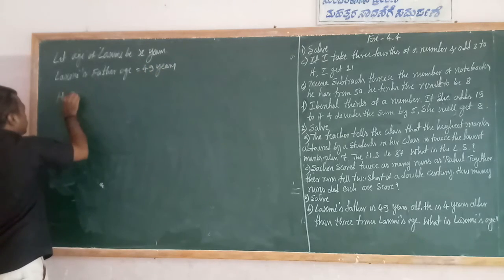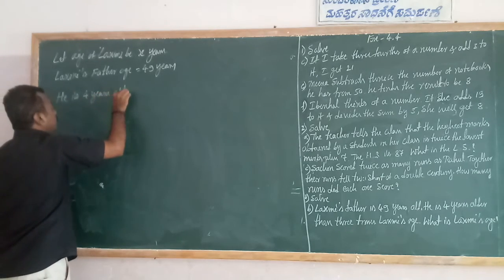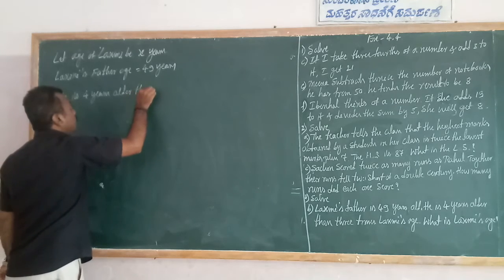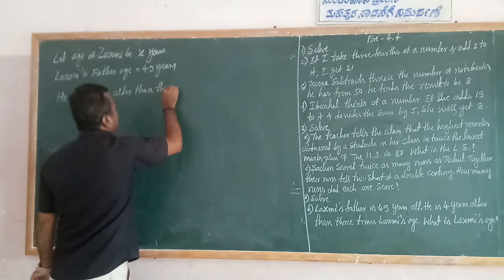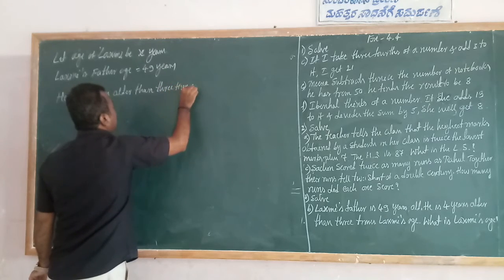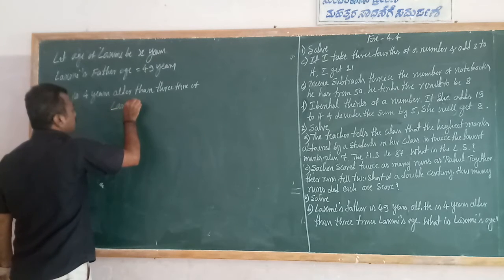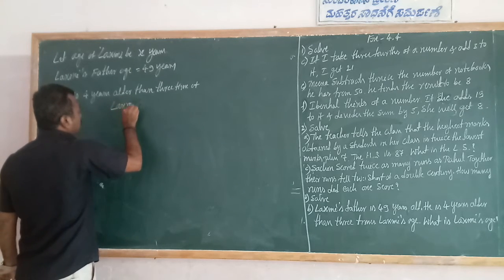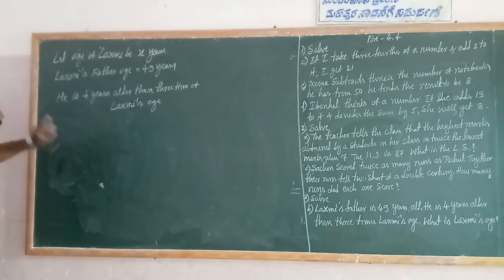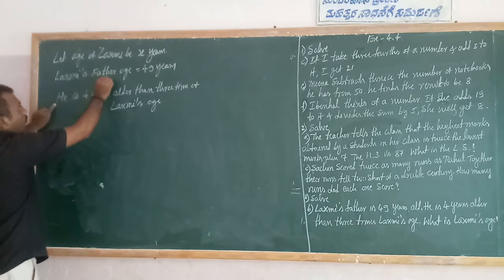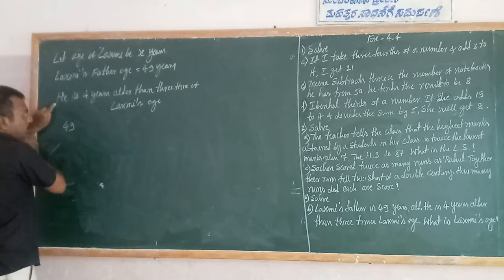So he is 4 years older than thrice, 3 times, Lakshmi's age. So this is the sentence. This sentence we have to write in equation form. He means father. Lakshmi's father's age, how many years? 49.